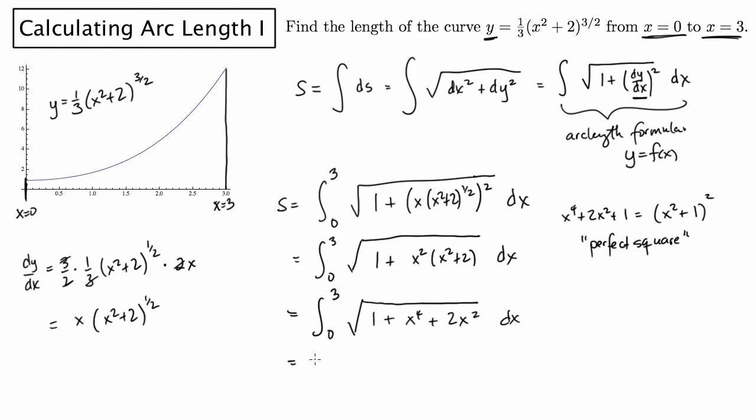Alright, if I carry on with the work here, this will be the integral from 0 to 3 of the square root of this perfect square, which as you can see will simplify nicely for us. And just performing the final integration step here, we should come up with our answer.